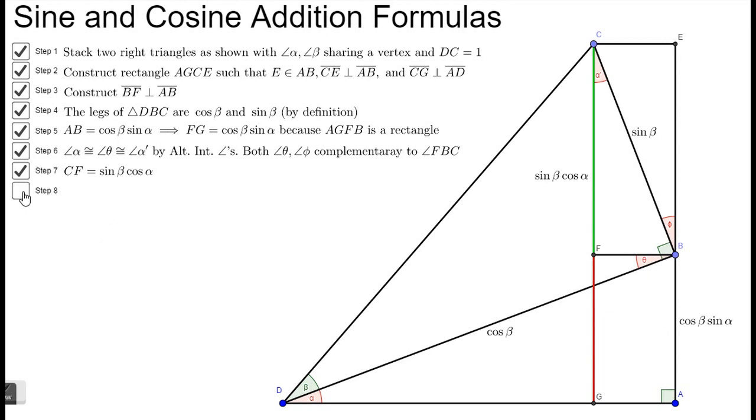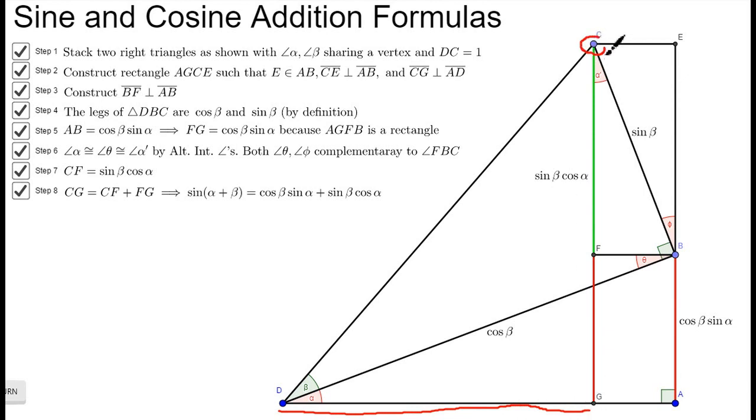And then the final step is to realize what it is we're looking for. We were searching for the cosine of alpha plus beta. Remember the hypotenuse of beta, this point C is on the unit circle, so this equals 1. So we're in the situation where this line segment we're looking for down here, the length of this line segment, DG, is equal to the red plus the green segments here, right?